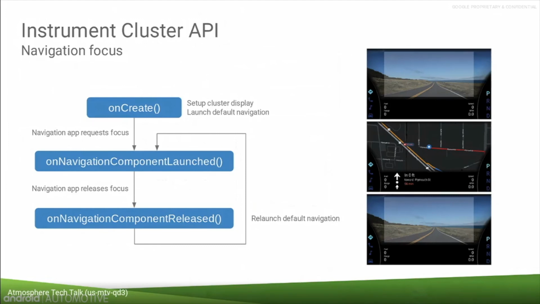Once navigation is done, when the user has arrived at the destination, the application is going to release focus. The instrument cluster rendering service is going to notify the cluster service, and that's going to be the time to relaunch the default experience. So for instance, if you were showing the playing song and driving directions started and then they finished, you will relaunch that media experience again to bring the user back to the default.